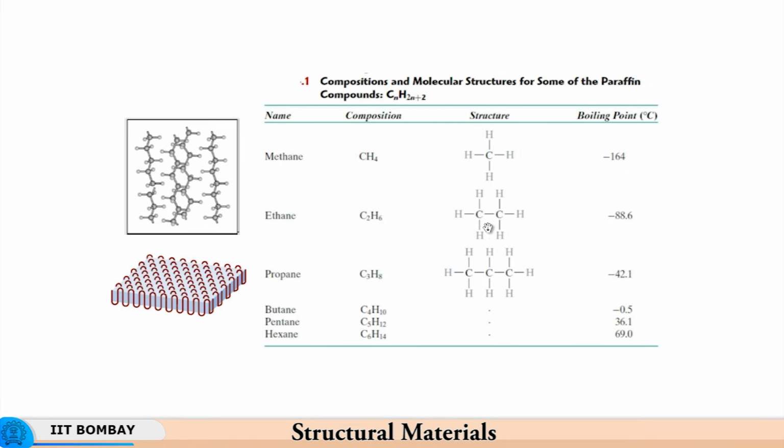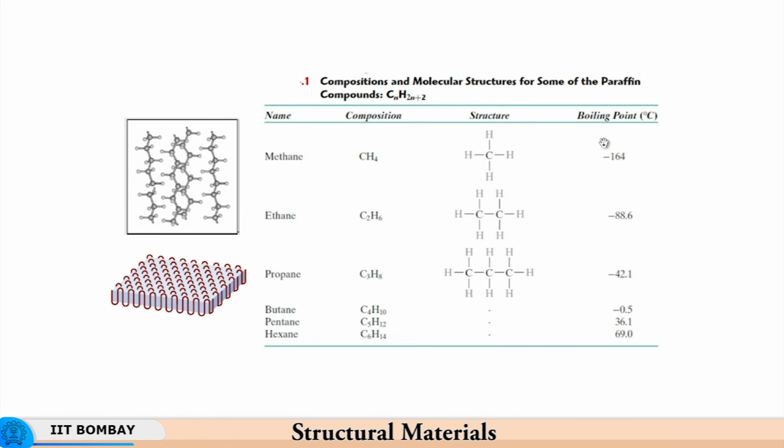So, basically if you take away one atom of hydrogen and add one more CH3 group over here, then you have C2H6, which is ethane, and it has a higher melting point of minus 88.6 degrees centigrade. You increase the number of carbon atoms, you make it C3H8, the boiling point increases further.